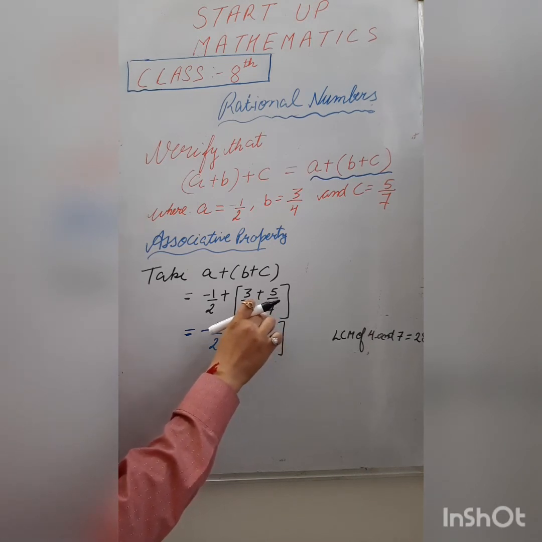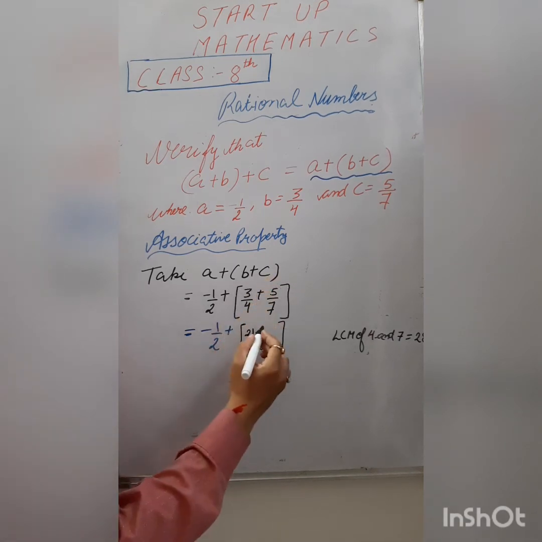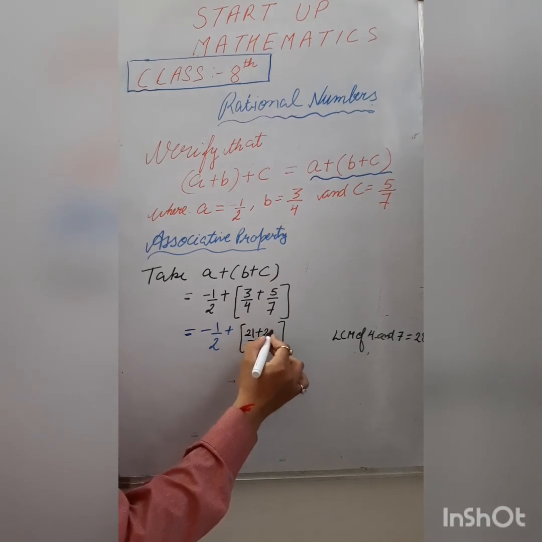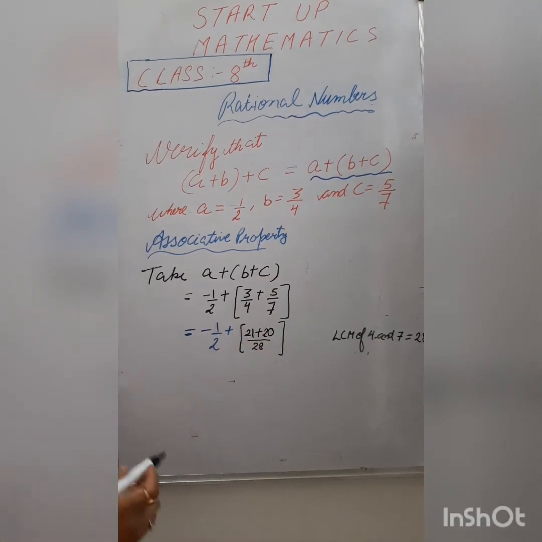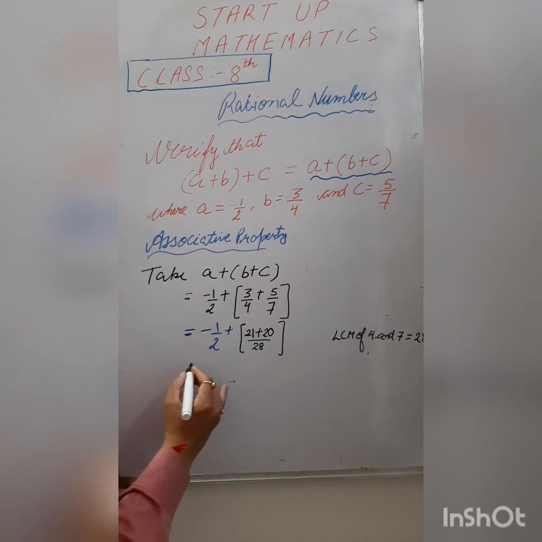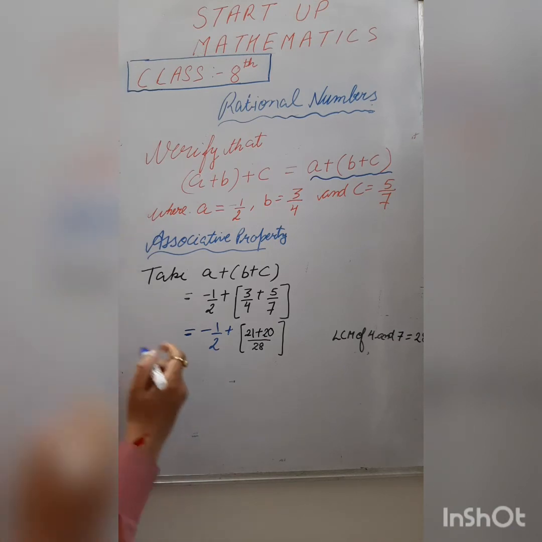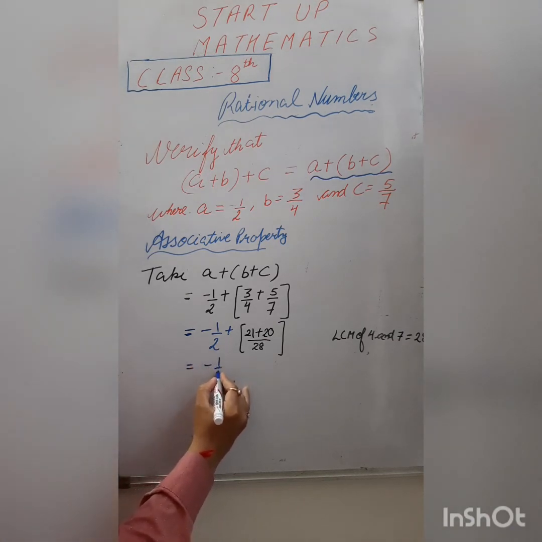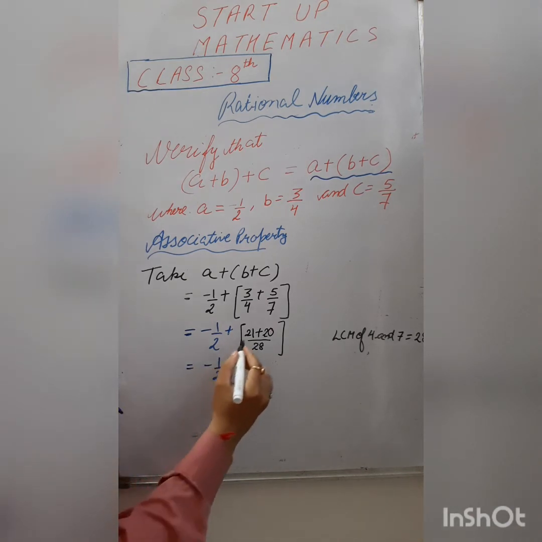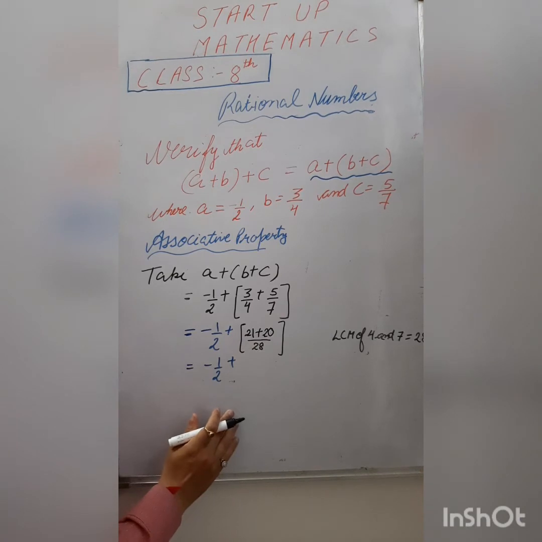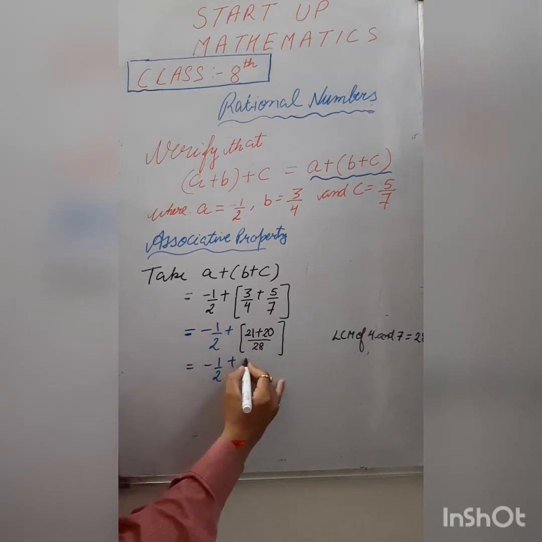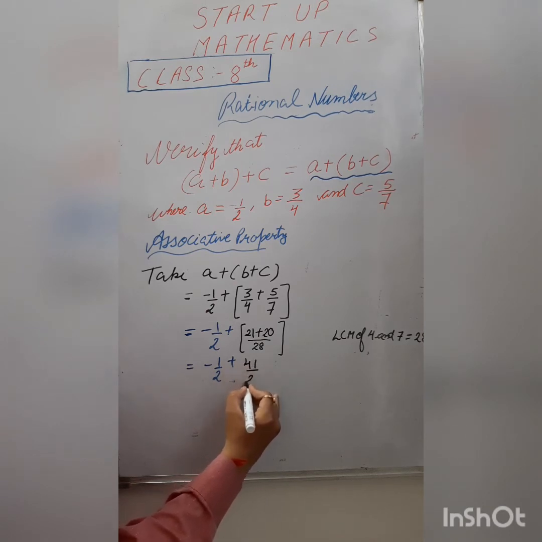The quotient is 4, which is to be multiplied with 5. 4 5s are 20. Now see, minus 1 by 2 as it is, plus solve the numerator part: 21 plus 20 is 41 upon 28. 41 upon 28. Right?